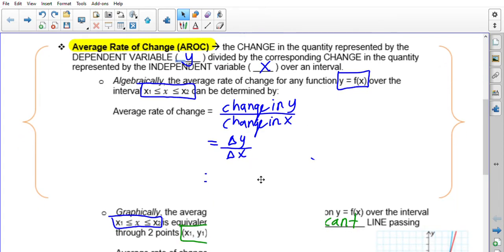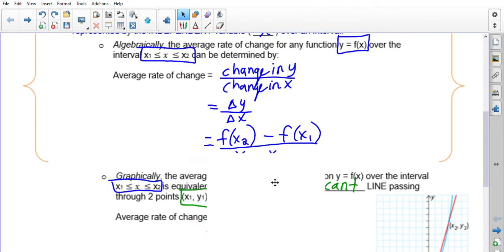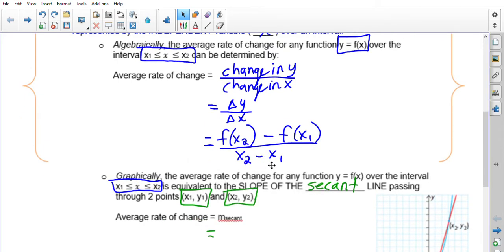And if I give you an equation over this interval, what you're going to have to do is first find the difference in the y values over the interval. So you're going to sub in the largest of the x coordinates of the interval. So you're going to do f at x2 minus f at x1. Okay. And then you're going to divide it by the change in the x's, which is x2 minus x1.